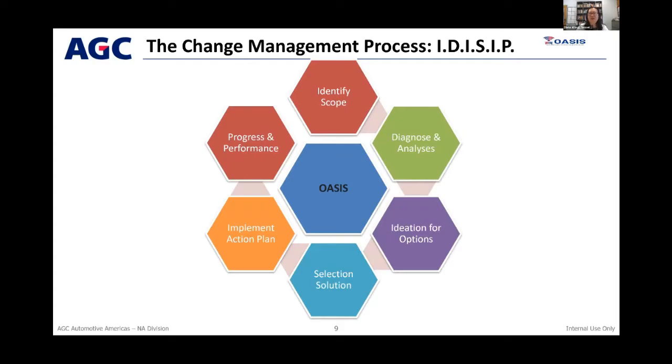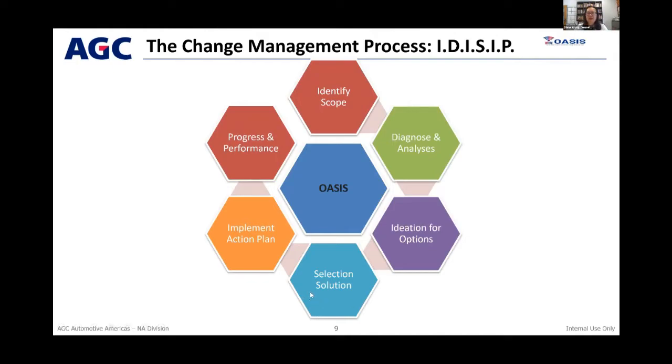And just as a reminder, the change management process has 6 major steps: identifying scope, then doing a diagnostic and analysis, and then ideation. What are some options for solving a problem?